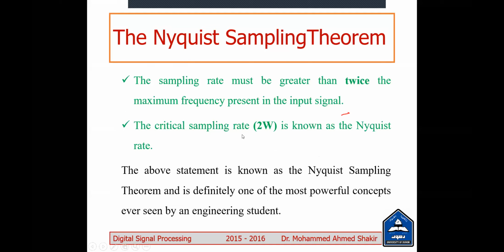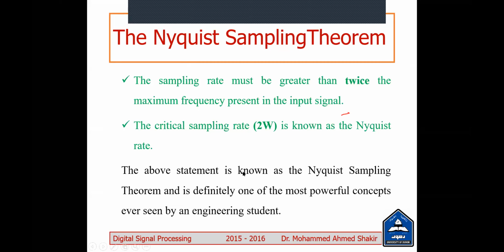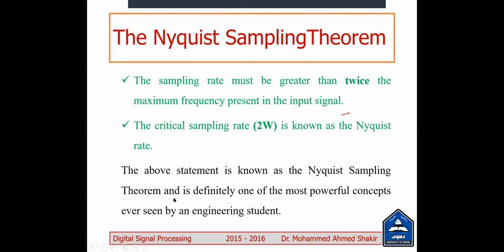The critical sampling rate, 2W, is known as the Nyquist rate. The above statement is known as the Nyquist sampling theorem and is definitely one of the most powerful concepts ever seen by an engineering student.